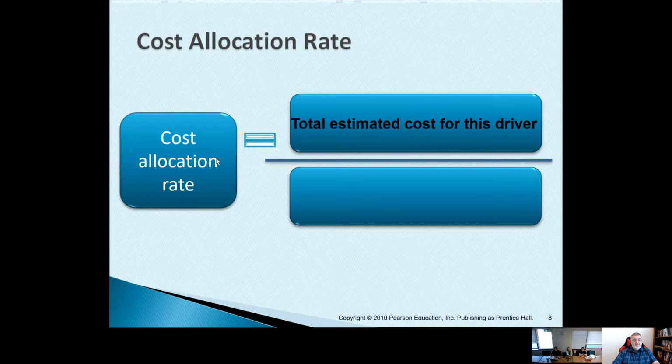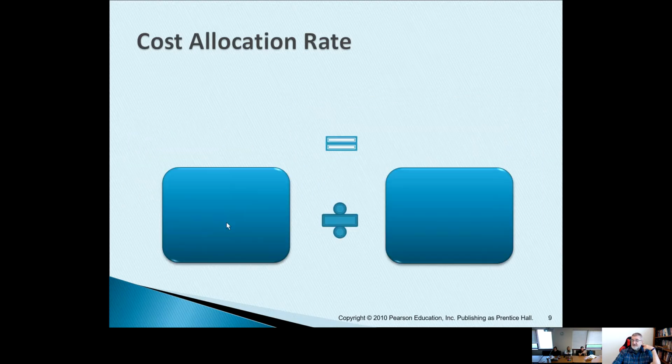How much are we paying this forklift operator for his time? If our cost driver is the number of parts, then it's our total cost for material handling divided by the total number of pieces this guy's moved around.